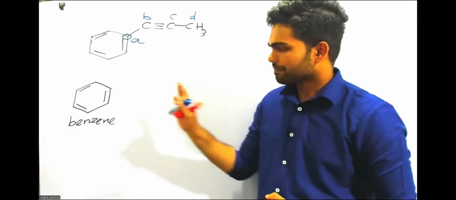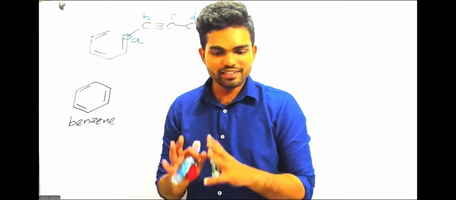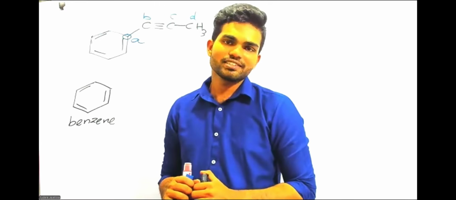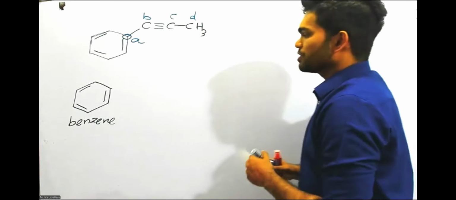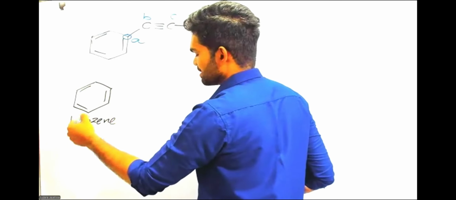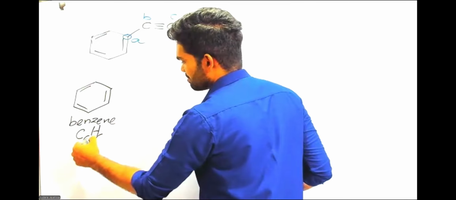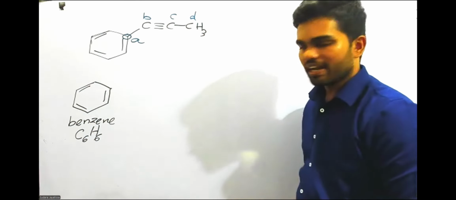Anyway, you are seeing this benzene molecule in organic chemistry, right? Even though you draw it like this, it is actually composed of carbon and hydrogen. You have 6 carbon atoms and 6 hydrogen atoms there.